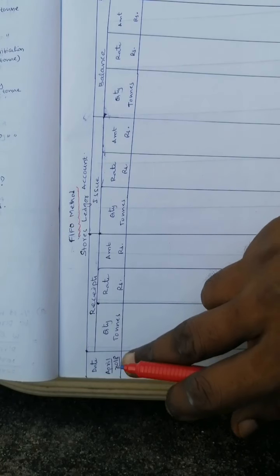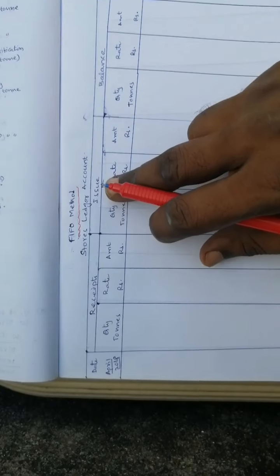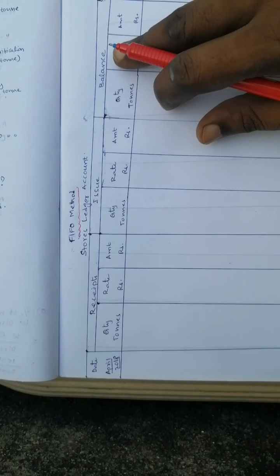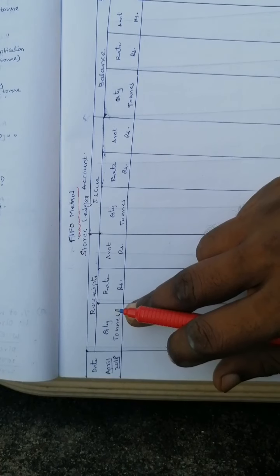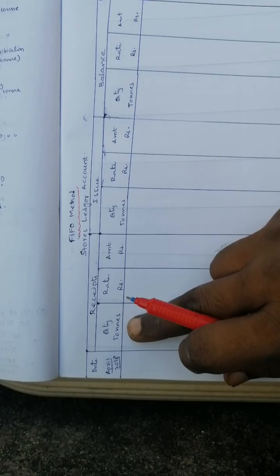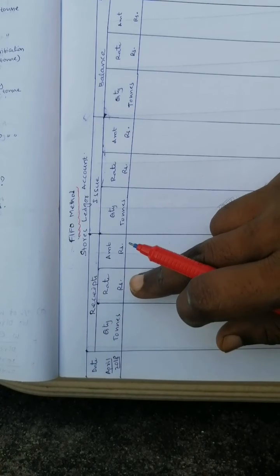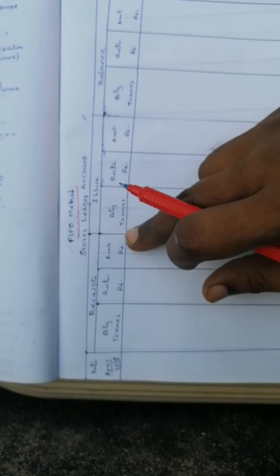This is the format for the stores ledger: date, receipts, issue of material and balance of material. In all these three categories we have three columns: quantity in tons, rate in rupees, amount in rupees.